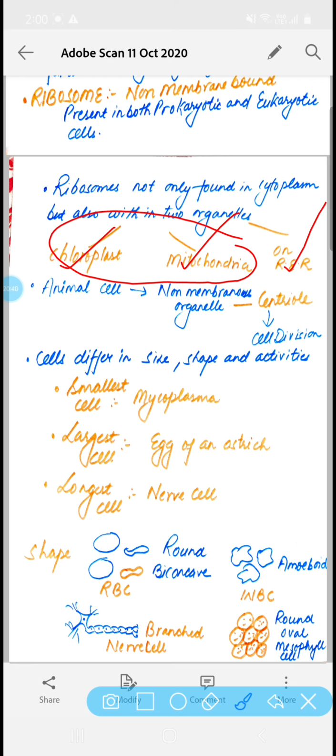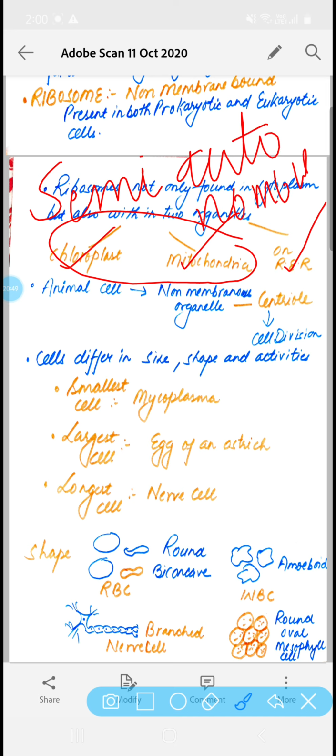Okay, so therefore they are called semi-autonomous organelles. And now we all know that ribosomes are also present on the rough endoplasmic reticulum. Okay. So that's why it is named rough.